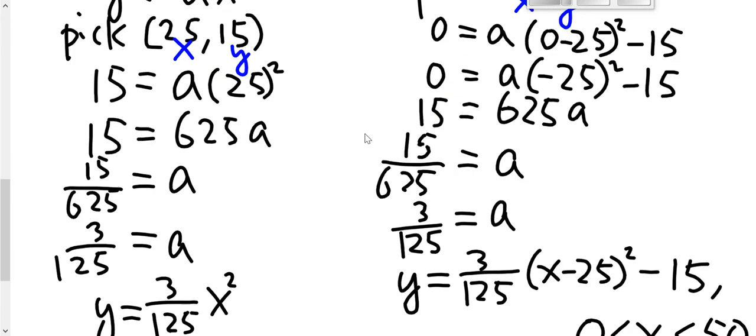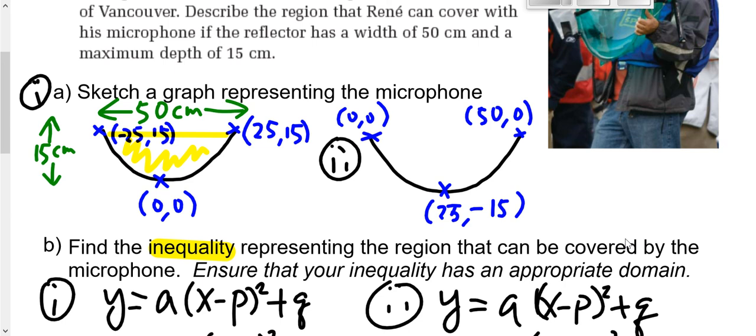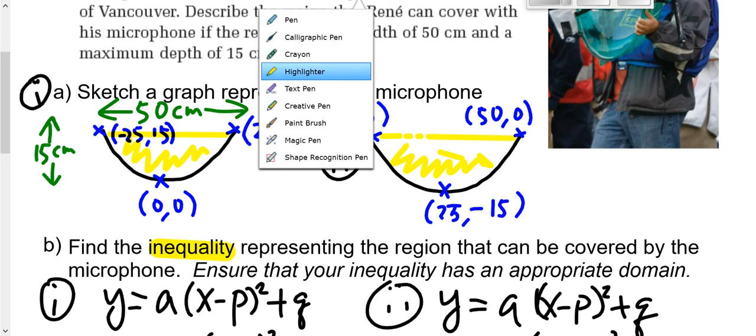So we keep that equal because, just like what we did before, this is the region of the reflector that can receive the signal, and then our reflector, of course, is or should be a solid line.